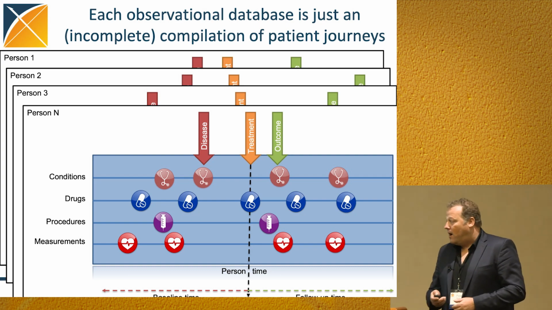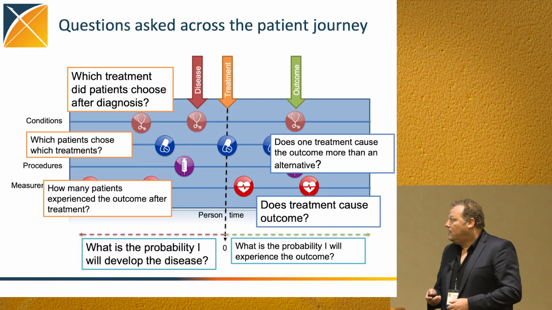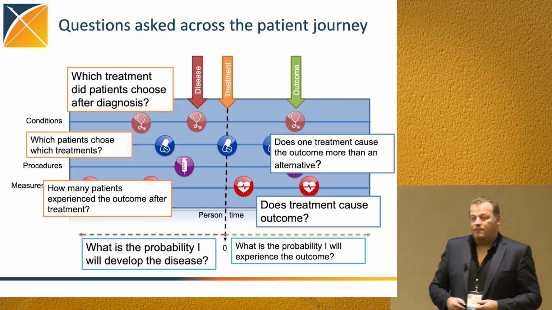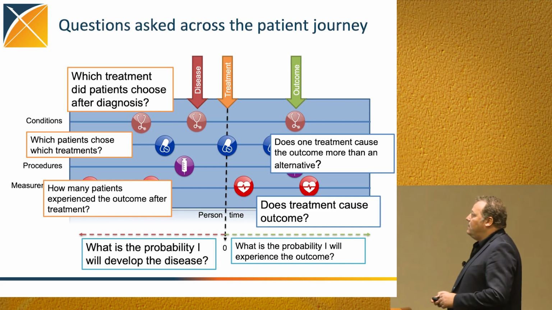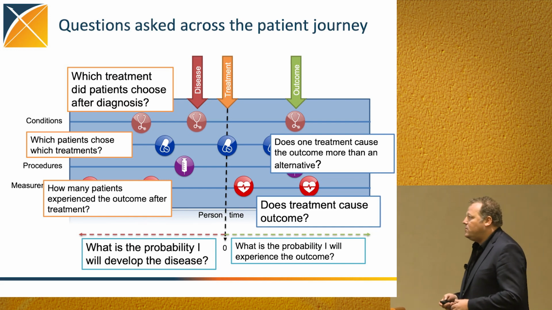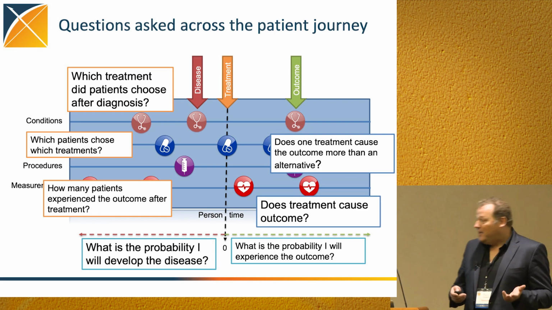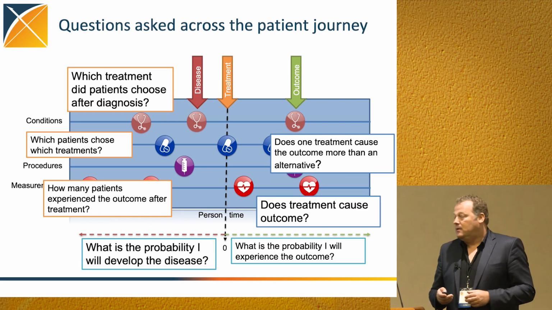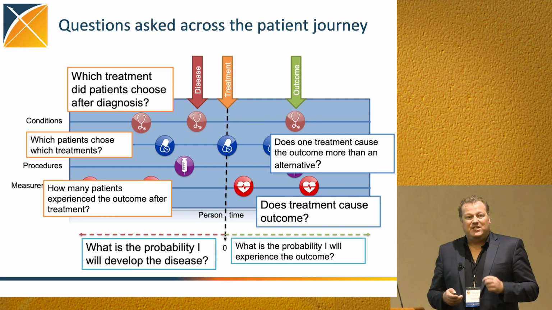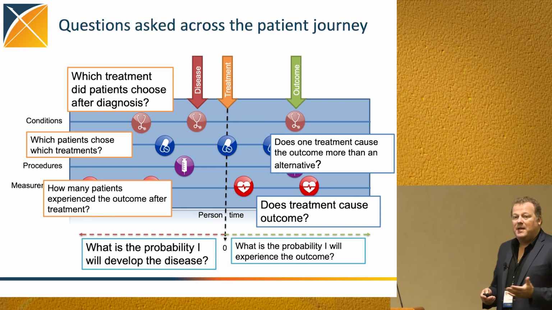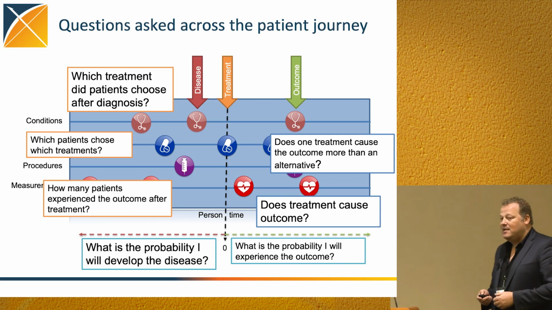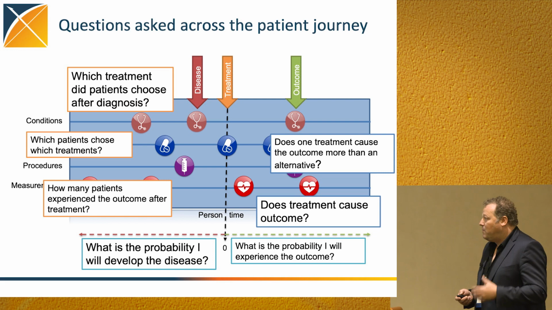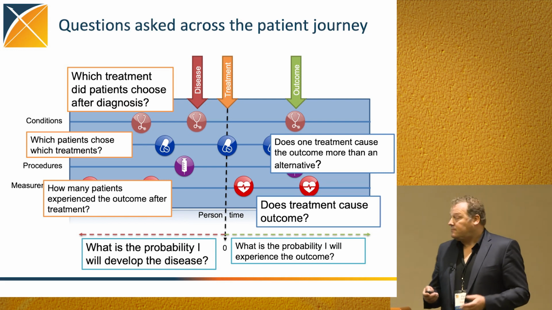There are different types of questions that we can answer on that journey. Things like, which treatment did patients choose after a diagnosis, or which patient chose which treatment. These are more like data characterization questions. We also have the patient-level prediction question: what's the probability that I will develop a disease using all my available data? Or what's the probability that I will experience the outcome?